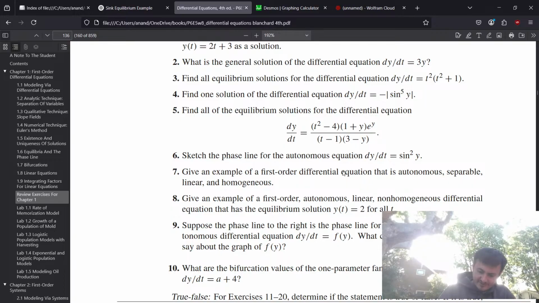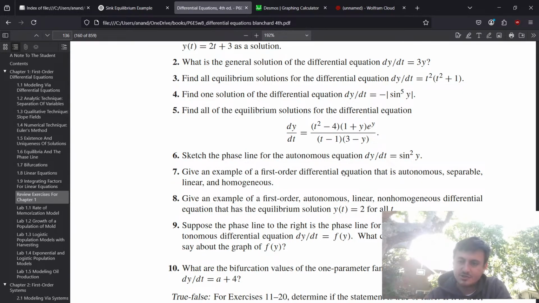All right, number 6, sketch a phase line. Okay, so the fixed points are going to be k pi.